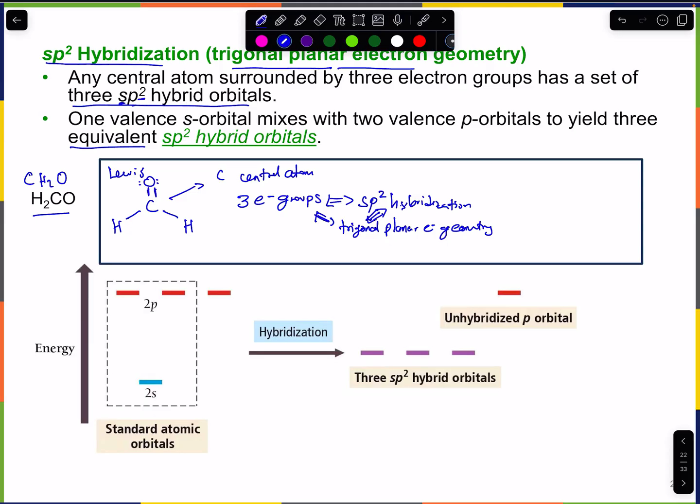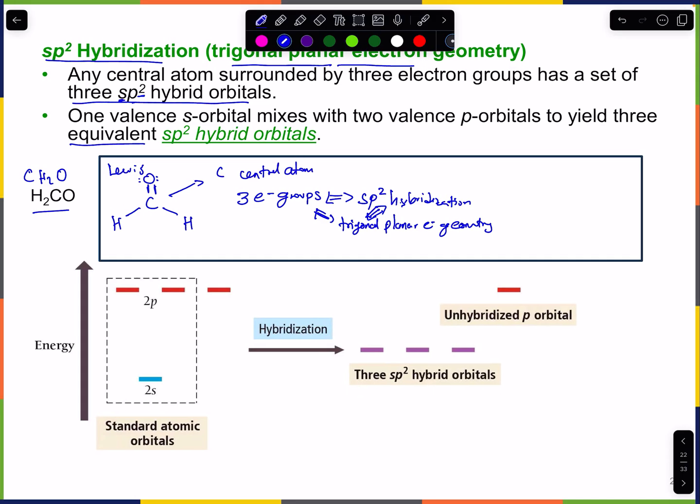So how does that happen? Again, we can use the standard atomic orbitals. Let's say this will be on the carbon atom. And again, we are referring here to the valence orbitals. Now we are going to take the only s orbital available, and instead of taking the 3 p orbitals, we are going to take only 2.